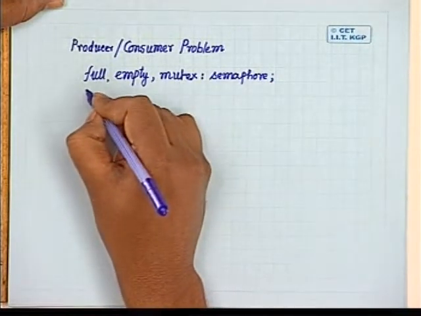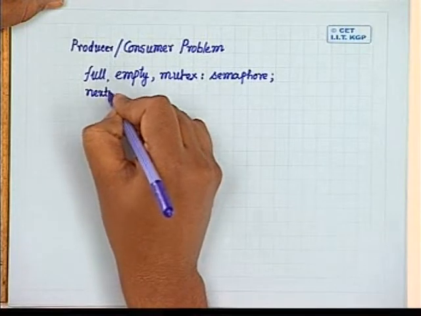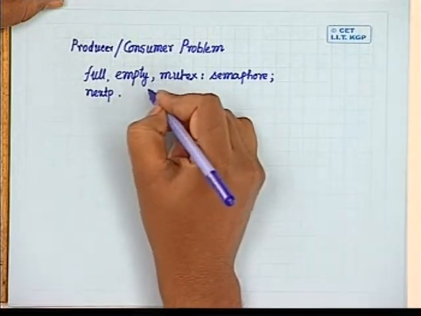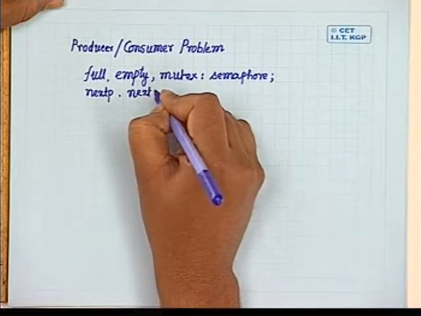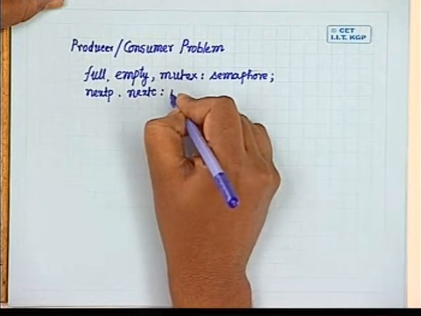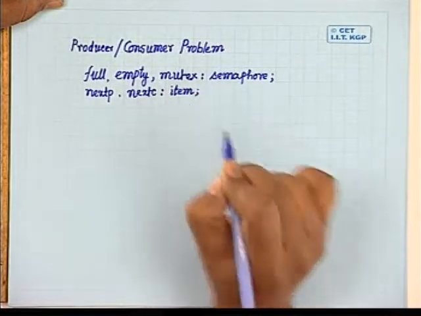And as before, we have two other variables. One is nextP, the other one is nextC, and they are of type item.